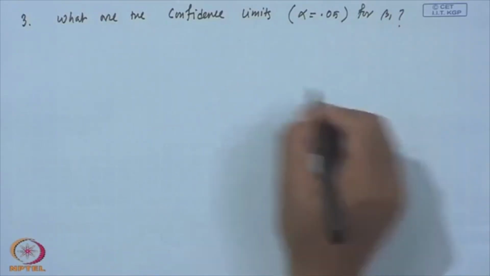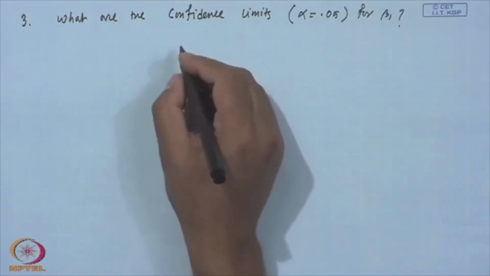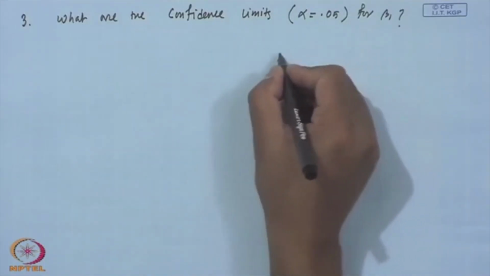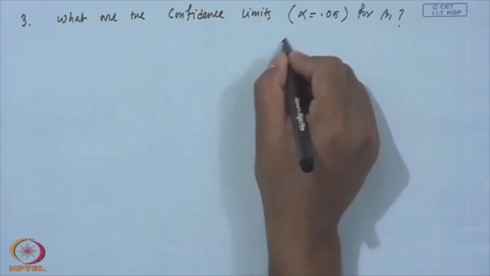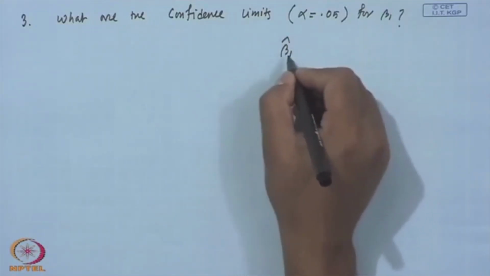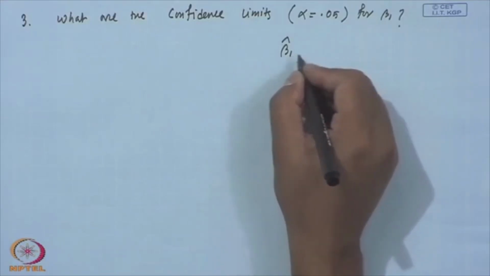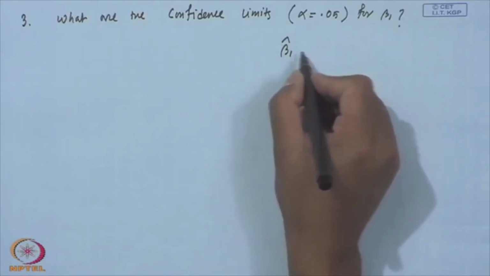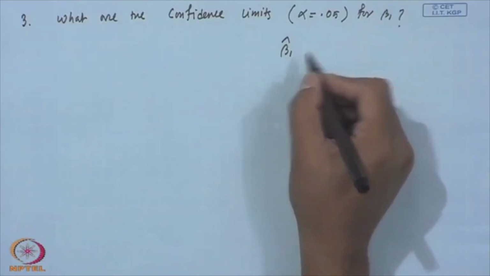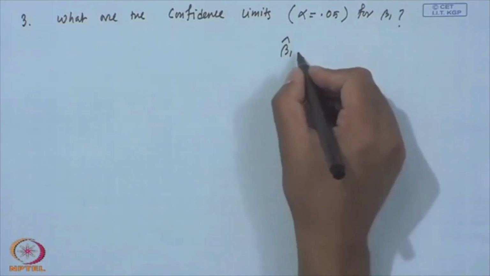Okay. So, what we know is that this beta 1 hat, which is a linear combination of y i's, and y i's follow normal distribution. So, a linear combination of normal distributions is again normal.